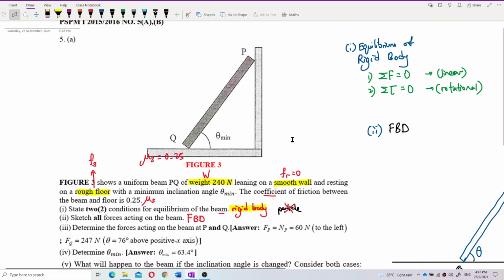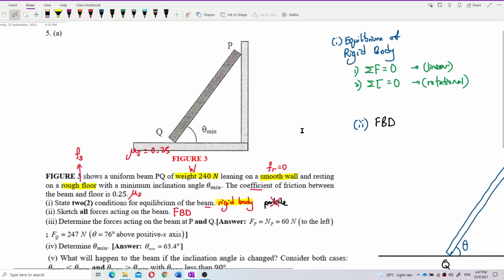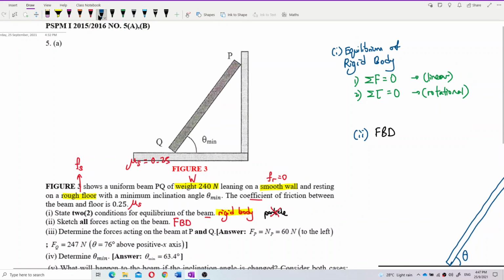So roughly what I can draw is this rod. It has the weight from the center. And it has the normal force at P from the wall.